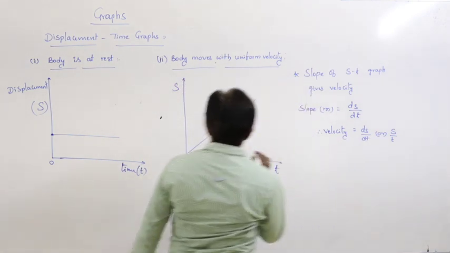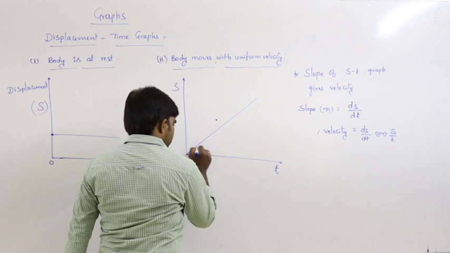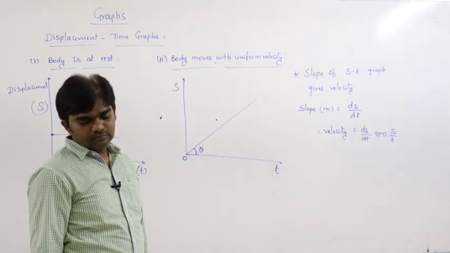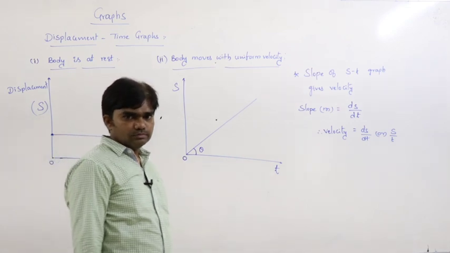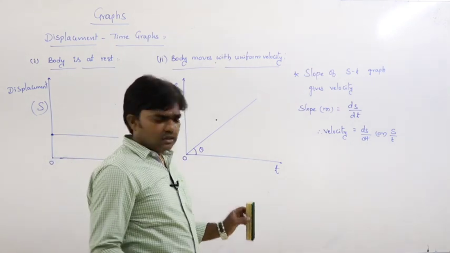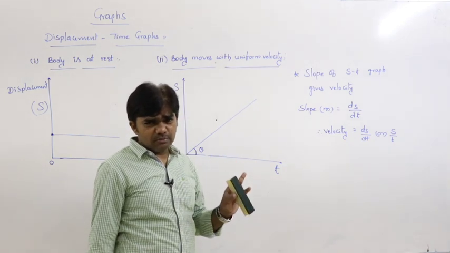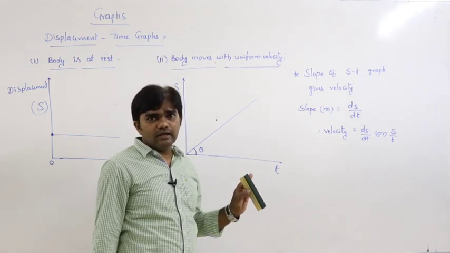So one more condition is, if theta is given, how can you calculate the slope? We don't know anything. If only theta is mentioned in the problem, how can we calculate the slope?